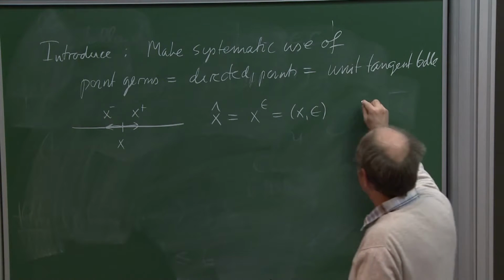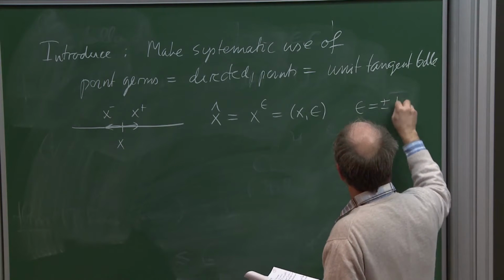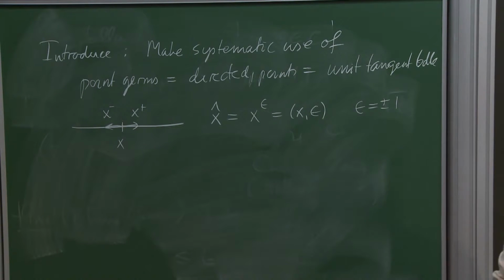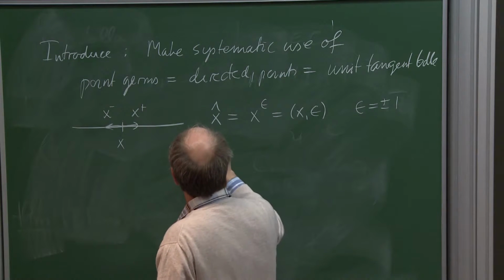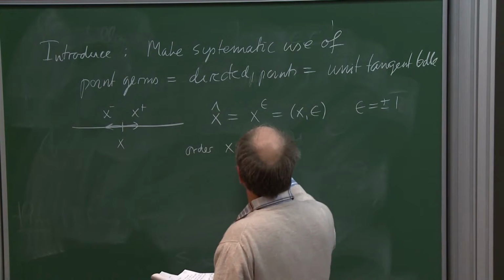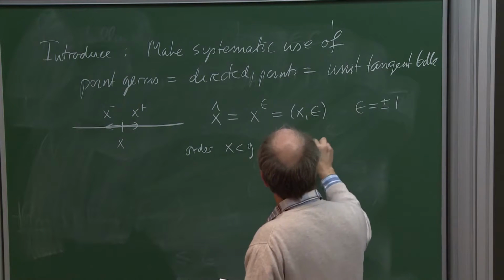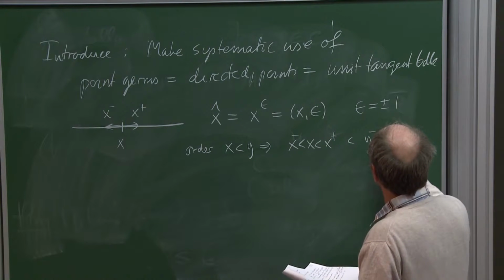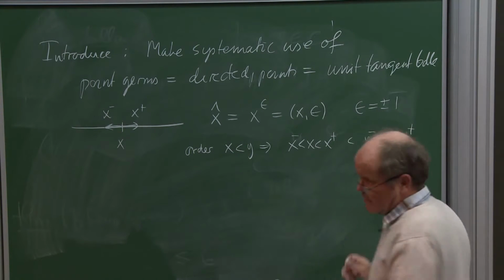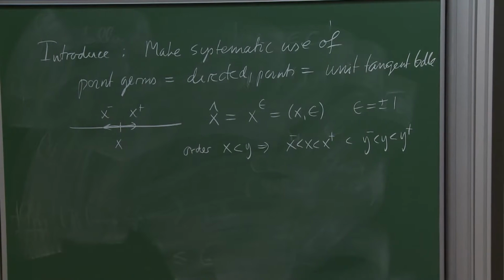And then the epsilon would indicate whether you're coming from the right or from the left. You also naturally introduce an order, which is that if x is smaller than y, then you would say that they are ordered like this. So I intertwine the two, defining an order between them.